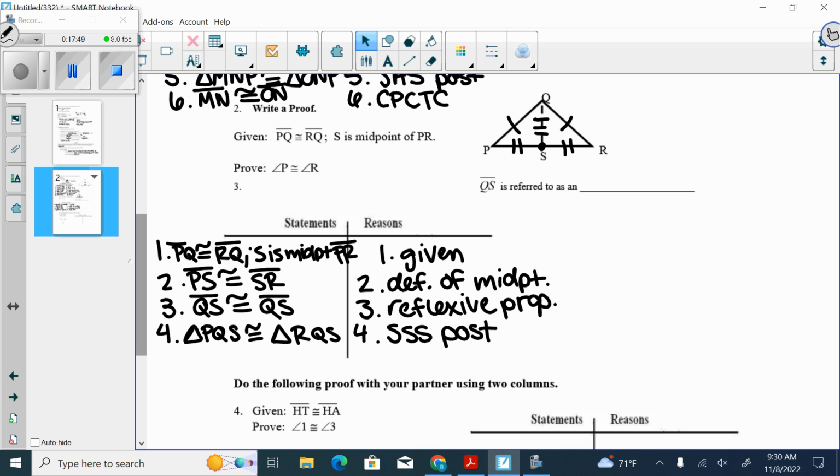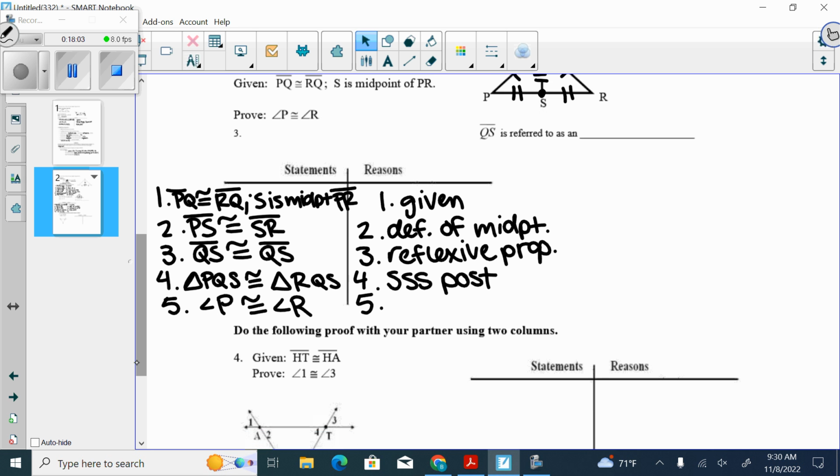Alright, so I proved my triangles are congruent. What did they want us to prove? Okay, so that's what I'm going to add next. Angle P congruent to angle R. And what would be my reason? Good. Good job. So, basically exact same proofs as what we were doing yesterday, just add that line at the end.